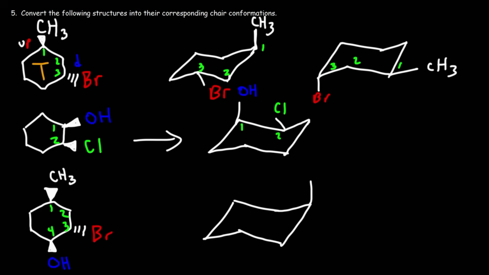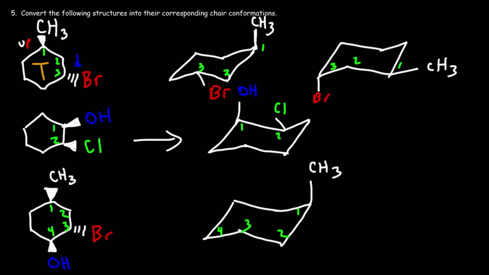And let's put the methyl group on carbon 1. So it's on a solid wedge, which means we need to put the methyl group in the up position. And if this is carbon 1, counting it in the clockwise direction, this is going to be carbon 4.